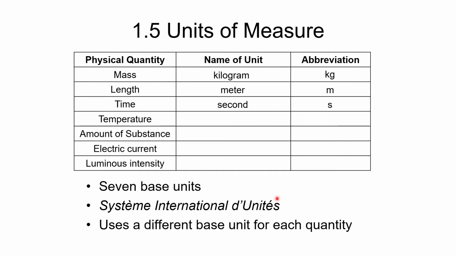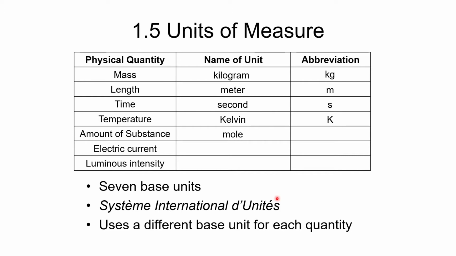For temperature, in the SI system, we use Kelvin. It's an absolute temperature, and we use the abbreviation uppercase letter K, and you'll notice that there's no degree symbol here. When we're using the degree Celsius in the metric system, it does have a degree symbol. For the amount of substance, this is a quantity that we'll be using quite a bit in chemistry, and it is the mole.